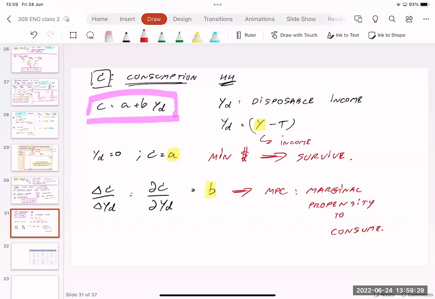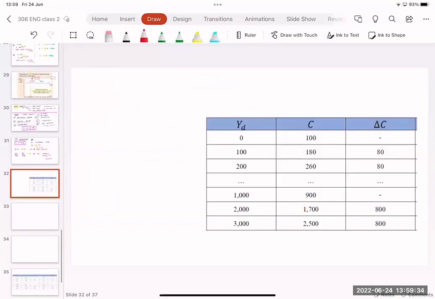That's it. To help you understand, I need to give you some real numbers, here in the table. From the consumption equation C equals A plus B YD that we learned before, if I have the numbers in the table like this, let's find out what the equation looks like.